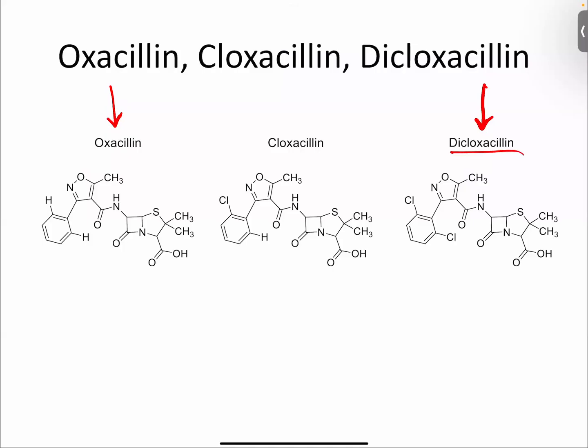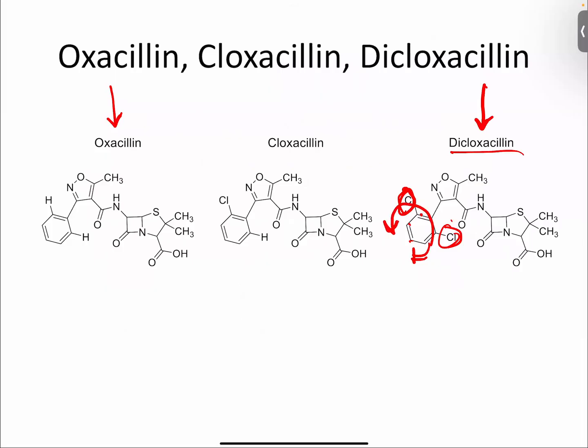Dicloxacillin is a little bit heftier because it has these 2 chlorine substituents at the 2 and 6 position, the ortho positions. When you have these big chlorines sticking out at those 2 sites, what that does is prevent free rotation of that ring.